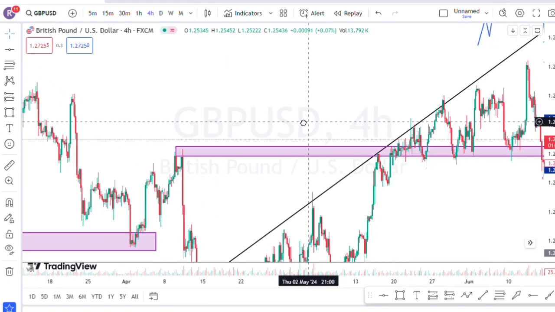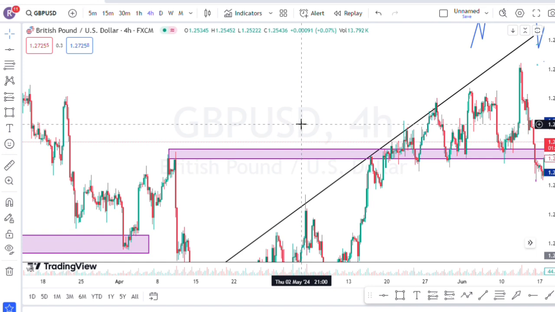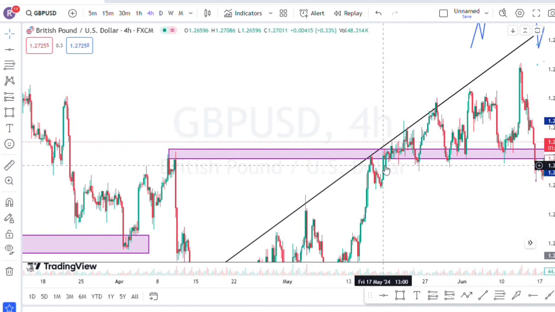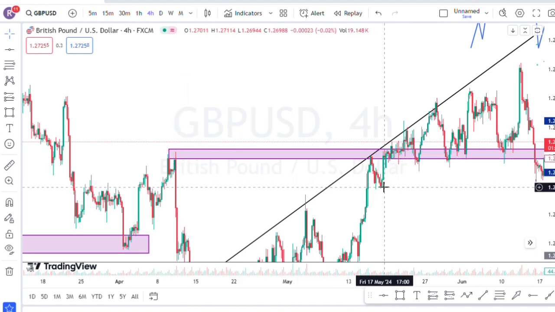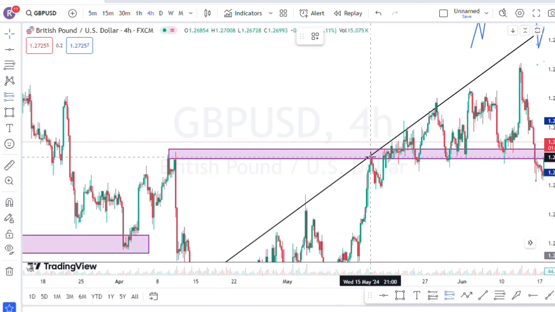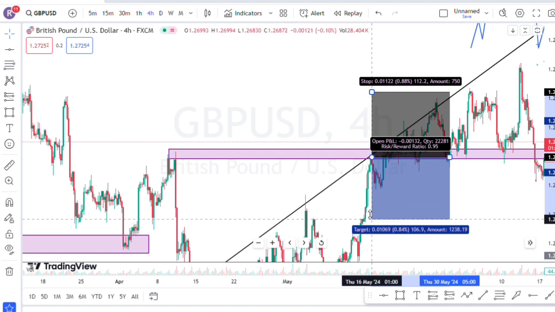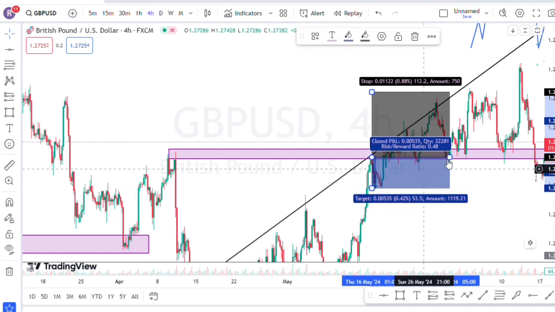Before you take any trade, you should look for confirmation on a lower time frame. For example, from here, someone could say that this was a valid supply zone. Of course, you could cut these pips from here to here, up to this point.